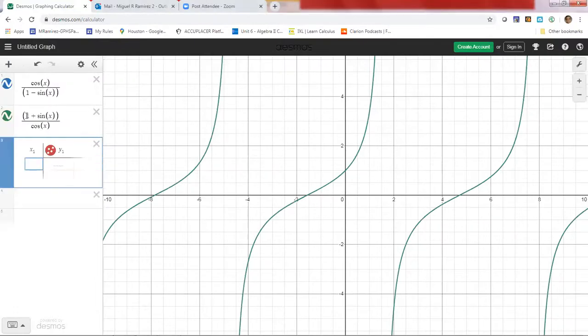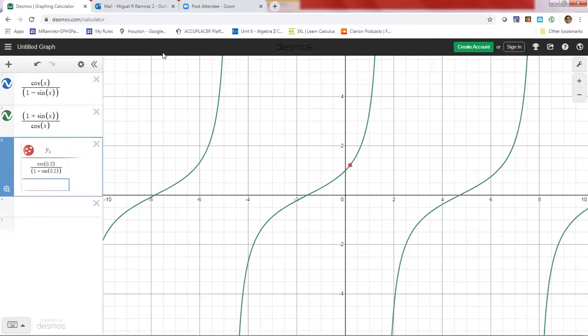Table. Okay? And then you put 0.2. And here the y is going to be cosine of 0.2 divided by parentheses 1 minus sine 0.2.